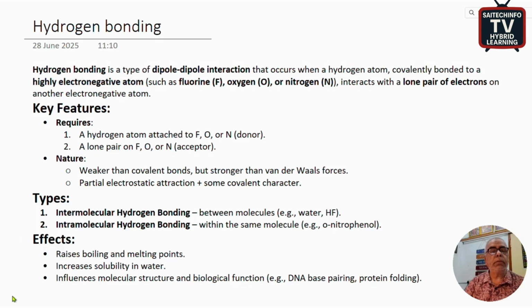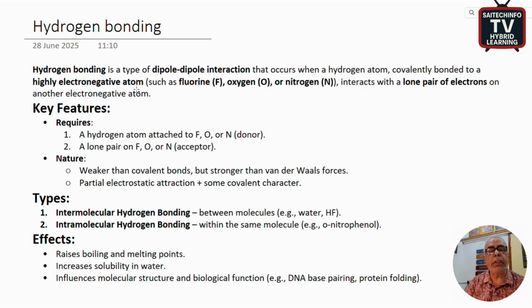Now go through these notes on hydrogen bonding. Let me go pointwise. Hydrogen bonding is a type of dipole-dipole interaction. Covalently bonded to a highly electronegative atom.